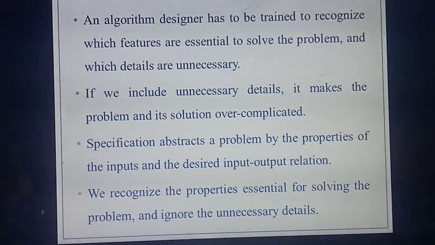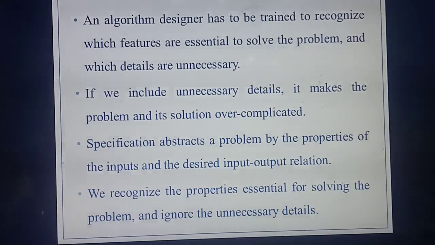Based on that, he needs to design the algorithm. He needs to not include unnecessary details, only the most essential things. If you include unnecessary details in the algorithm, it becomes more complex.